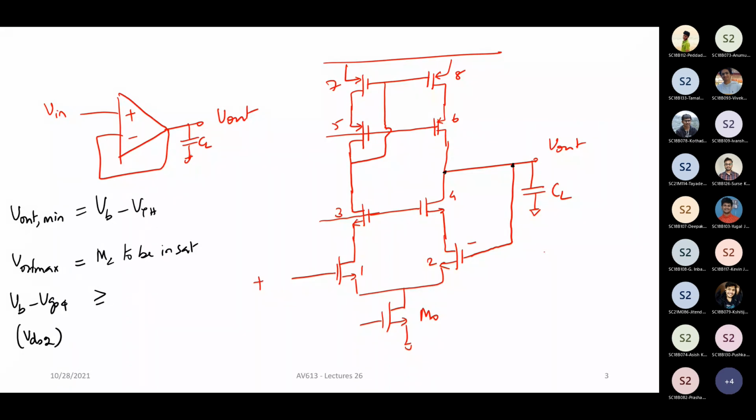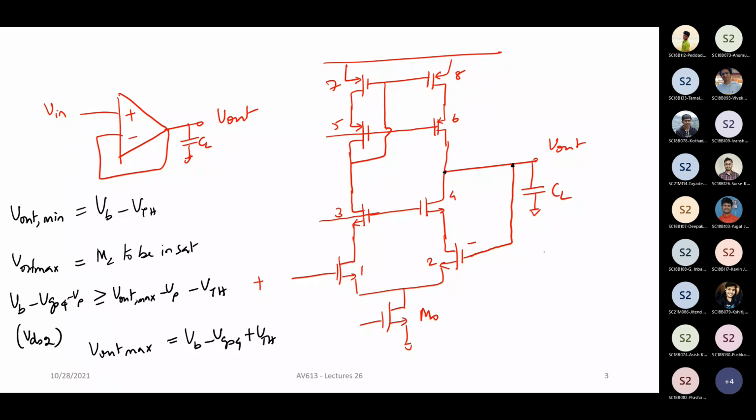What is VGS of 2? VB minus VGS4 minus, let's say, VP has to be greater than or equal to V out max minus VP minus VTH. So VP of course gets cancelled out, and therefore V out max turns out to be VB minus VGS4 plus VTH.